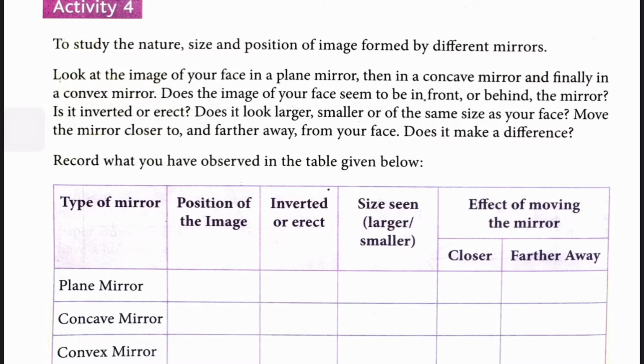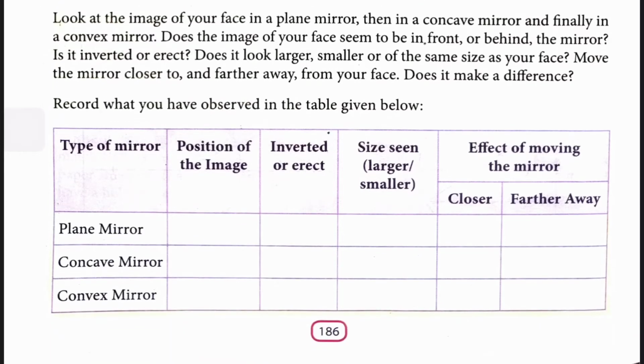Is it inverted or erect? Does it look larger, smaller or the same size as your face? Move the mirror closer to and further away from your face. Does it make a difference? Record your observation here.